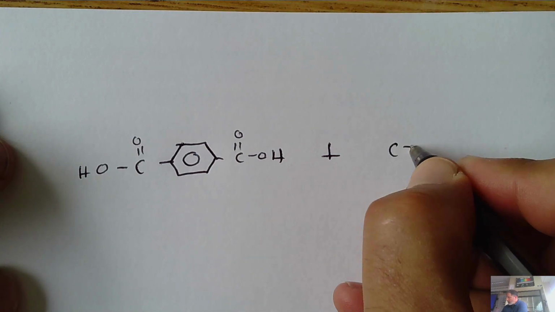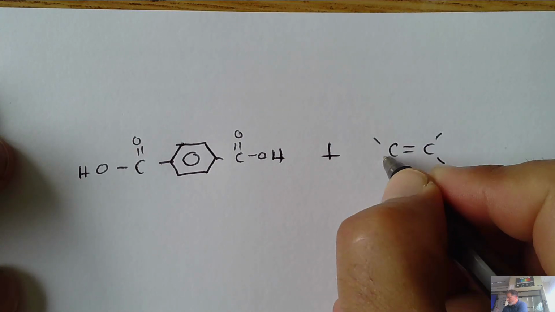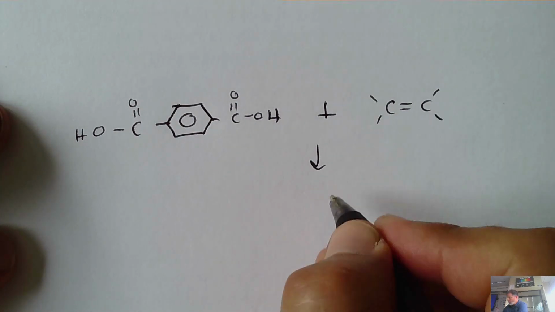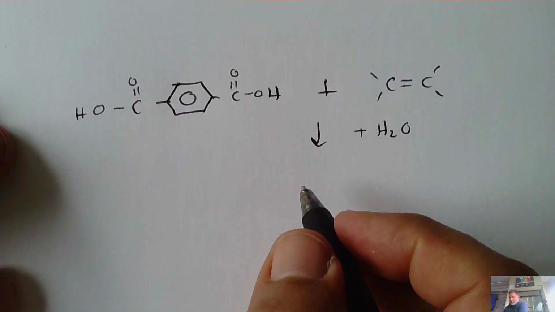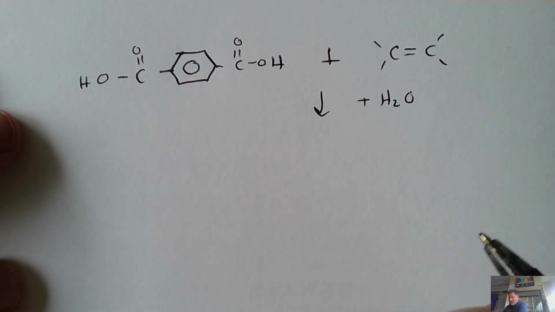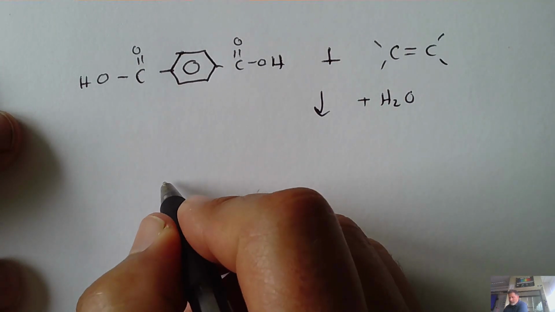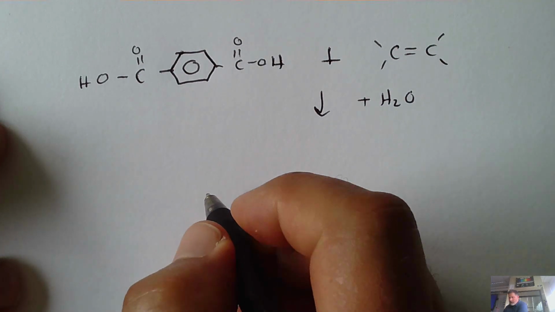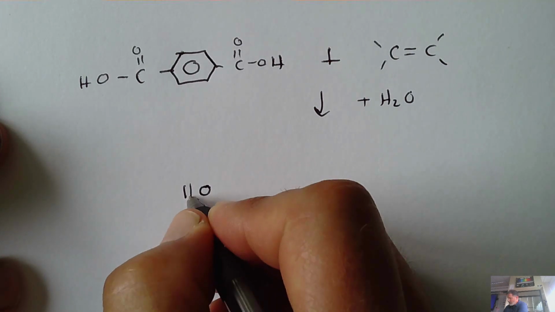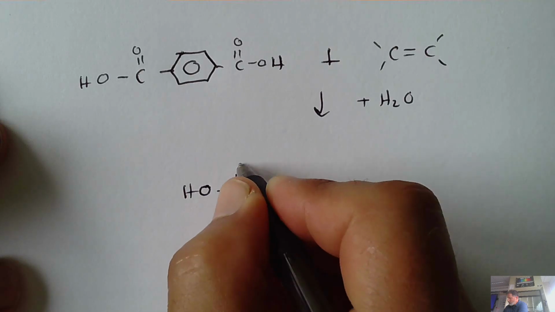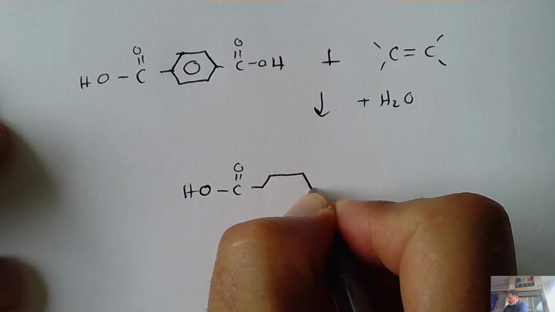And then you take ethylene, and what you get out is water. And what you get is then a long chain, and this is like polystyrene.